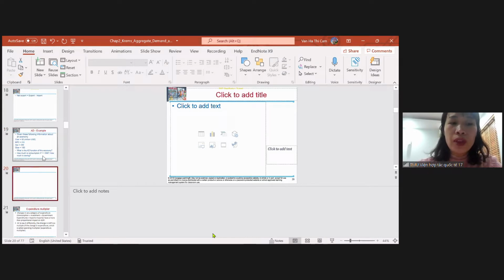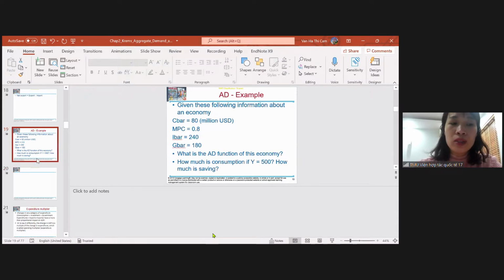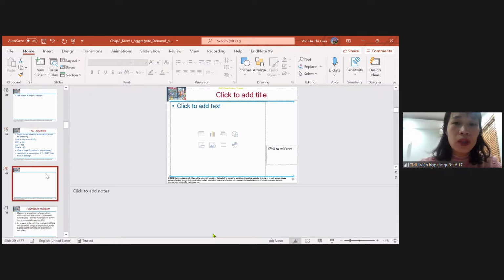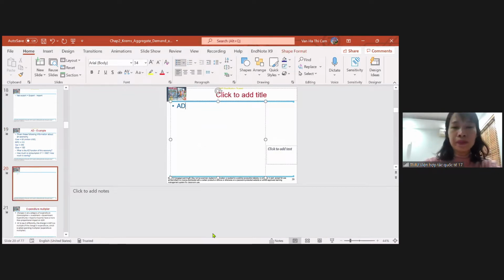I think we started this before, and I asked you to do that at home. So we have the AD, or aggregate demand function, equal to C plus I plus G plus X.